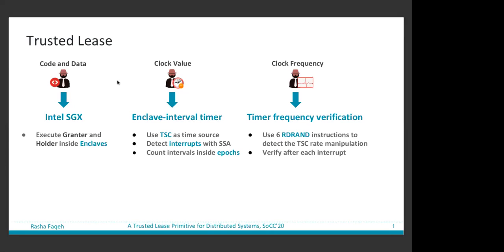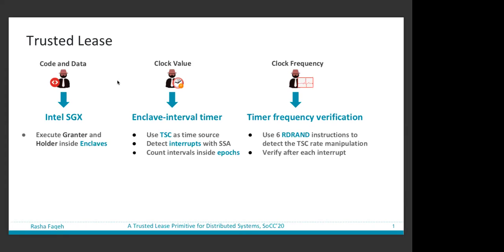An attacker might also try to change the clock value. So in TList, we use enclave interval timer to tolerate any value modification and to track the list terms at the grantor and the holder sides. How do we do this? We use TSC, which is timestamp counter, as our trusted time source, since it is not mediated by the OS, which means that when we read the value, the OS cannot delay the response.